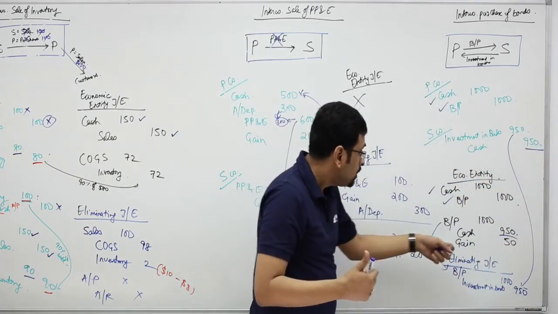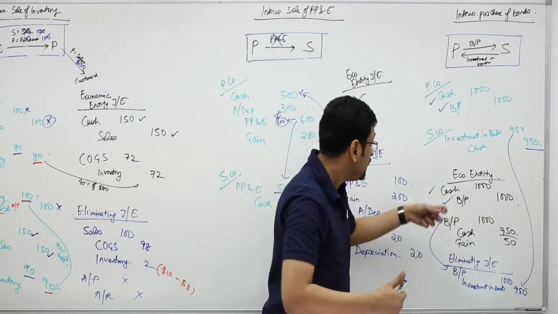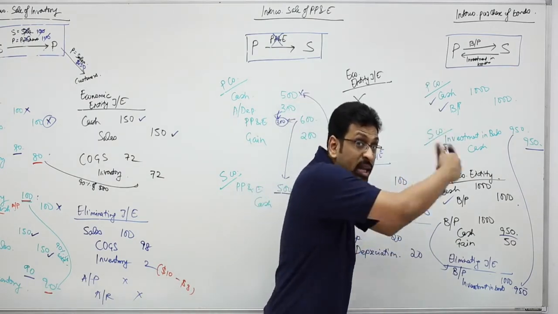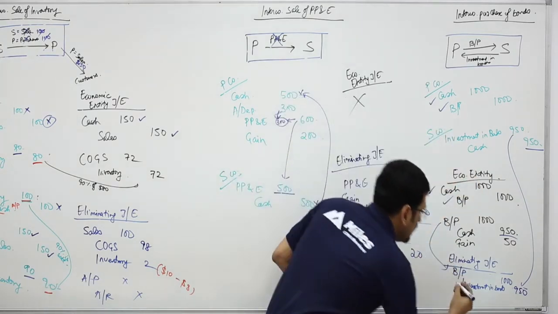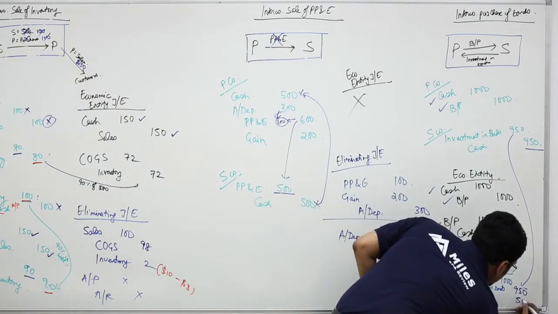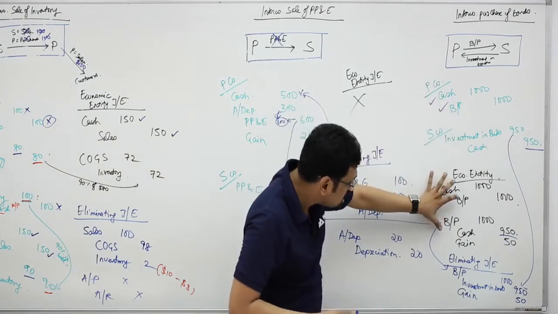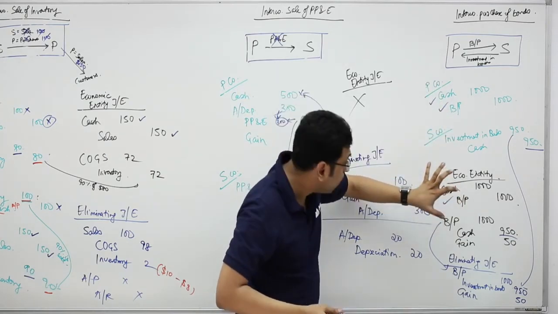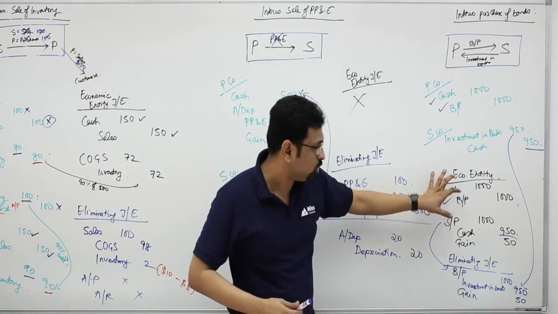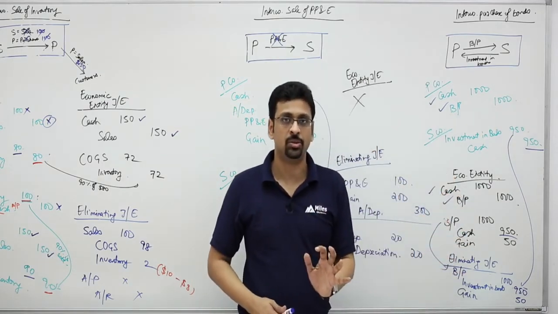So that's okay. There should have been a gain because they had issued bonds at $1,000. They went ahead and bought it back for $950. Gain $50. So guys, this is what they had done. This is what should have been done. And the moment you know this, it's very easy for you to create eliminating journal entries.